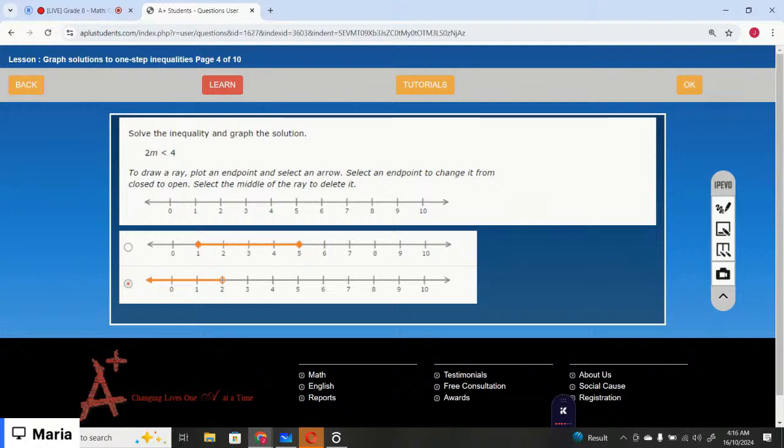That is option number two. Okay, you can complete the lesson by yourself later today. Let me just move on to the next lesson.